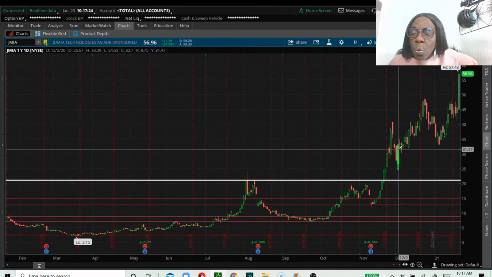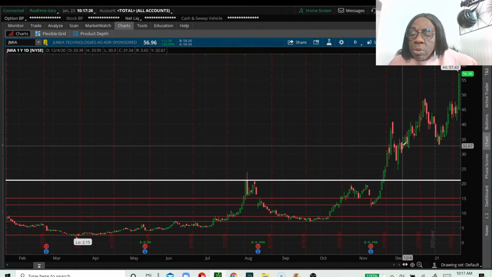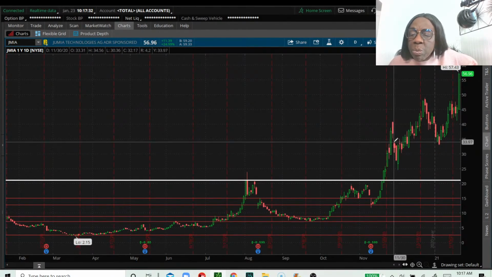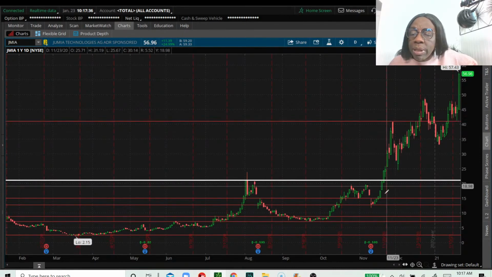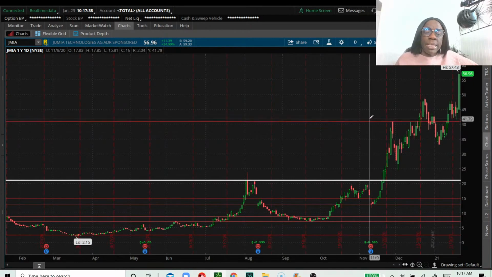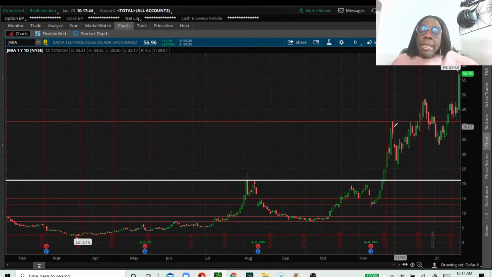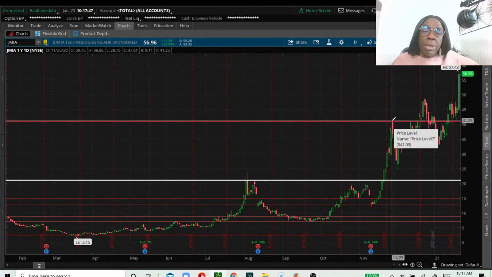So we're going to draw a few more levels. We can see some consolidation going on around here. So there is a level here, because price action, after it hit this point, let's get our level there. So that's an automatic level. It runs up 6 days, and then the sellers step in and start selling their shares, taking profit basically.